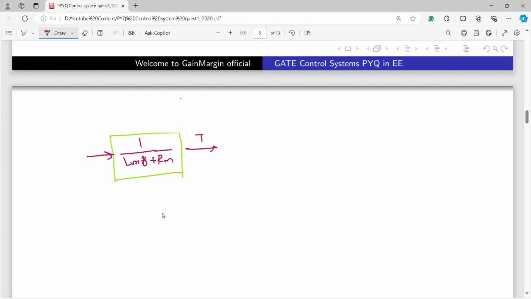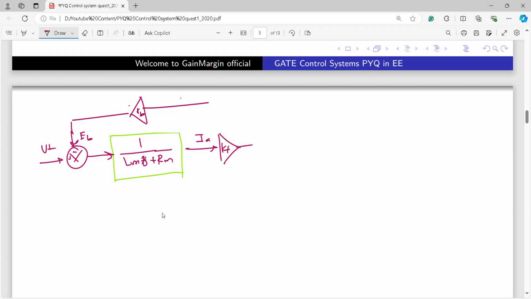This is our current in ampere, and this is our supply voltage Vt, and this minus is our back EMF voltage, and this constant is the back EMF constant.